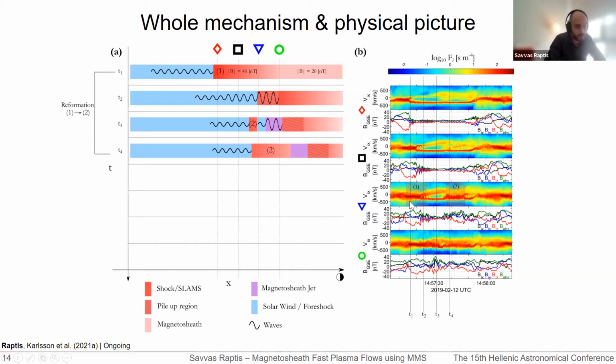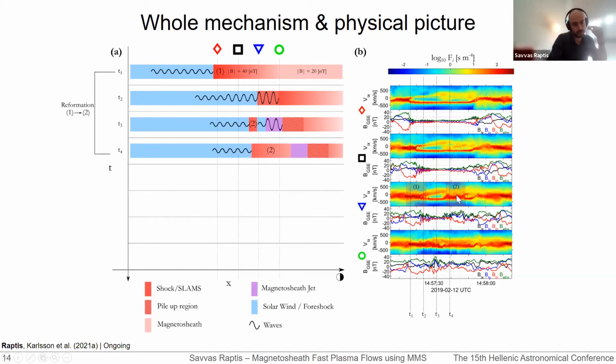First, MMS4 sees the first kind of magnetosheath thermalized plasma. Then it sees a corresponding reflected population and solar wind population that can be seen very nicely in the reduced distribution functions. And then again, it observes thermalized plasma that corresponds to another shock front.